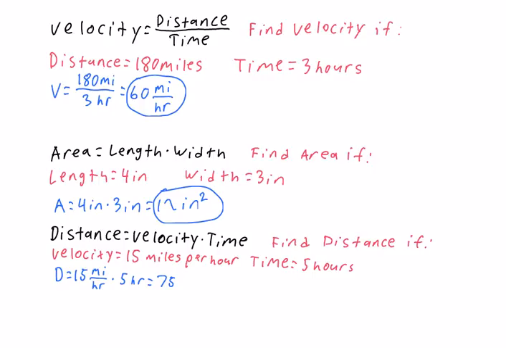So the hours will cancel each other out, and we're going to be left with miles. So distance equals 75 miles, which we hope, if you're doing a distance, it's in something like miles instead of, say, hours. You can't measure distance in hours, but you can measure it in miles. And that helps you figure out which unit you want as well.